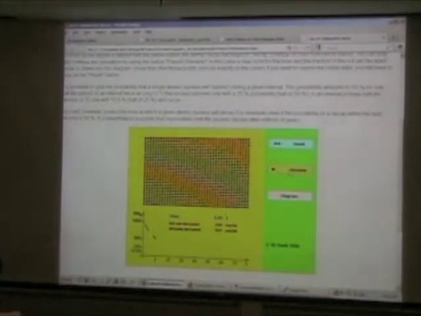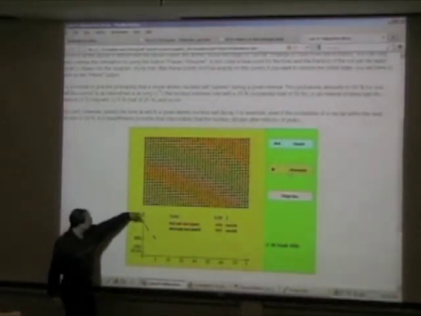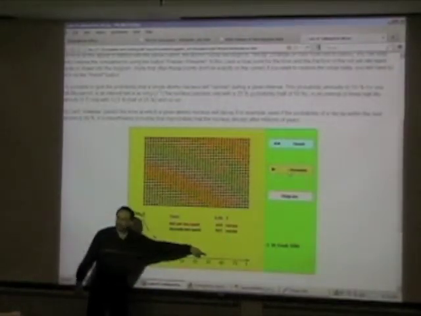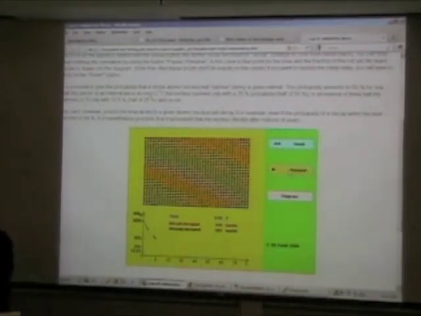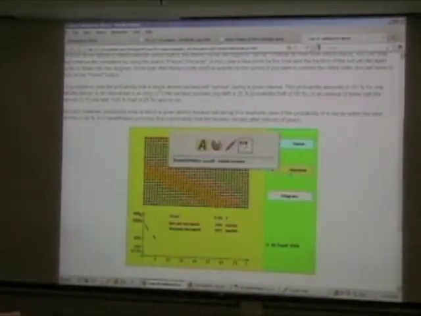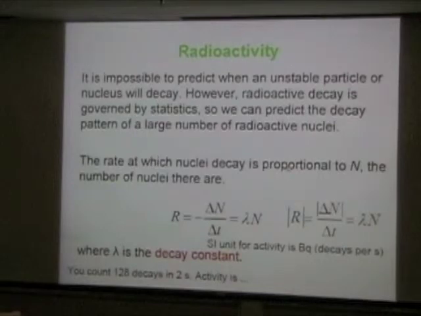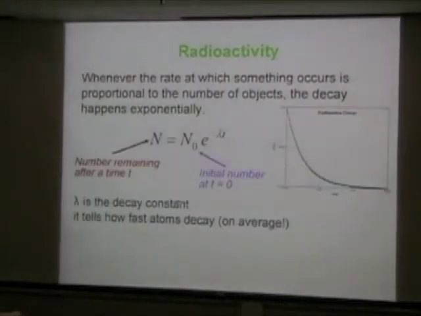This time has a name, we call it a half-life, and this function, which looks like that, could be described mathematically in very simple terms. This is one mathematical way to write it down.